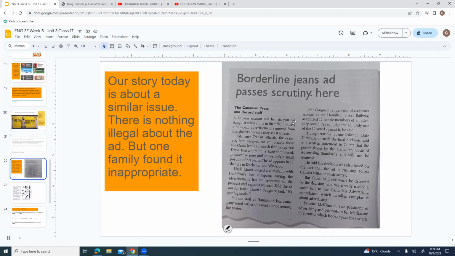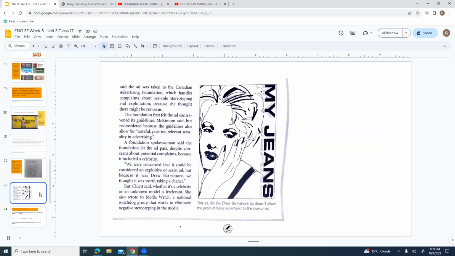But Cluett said she won't be deterred by the decision. She has already mailed a complaint to the Canadian Advertising Foundation, which handles complaints about advertising. Yvonne McKinnon, Vice President of Advertising and Promotion for Mediacom in Toronto, which books space for ads, said the ad was taken to the Canadian Advertising Foundation, which handles complaints about sex role stereotyping and exploitation, because she thought there might be concerns.